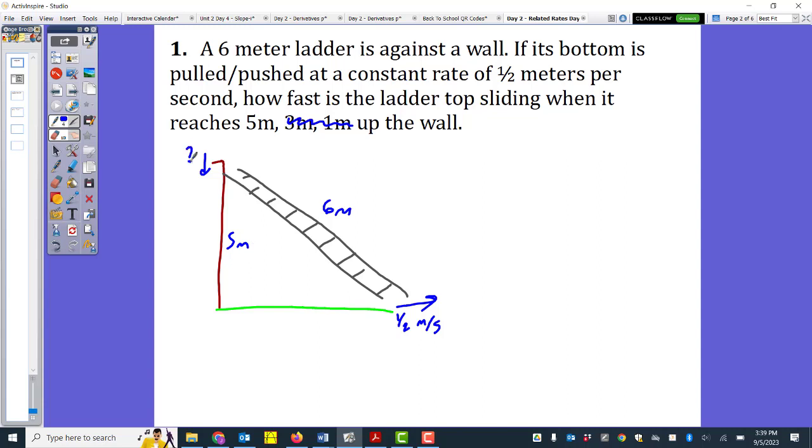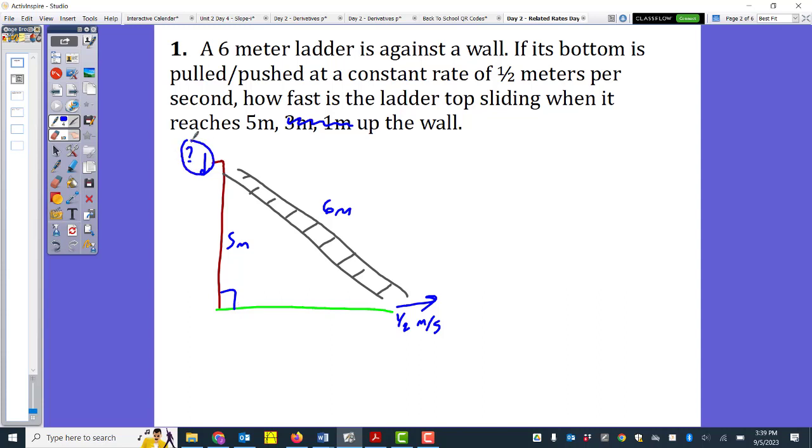Now with almost every word problem we do in this class, a picture is going to help you better visualize what's going on. Now we create a very obvious shape here. This is a right triangle. We have a few different formulas that we know work with right triangles. But we're looking for a formula that helps us find what we want. We want the rate of change in this side, right here.